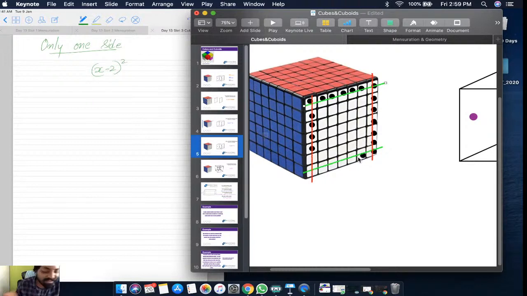But how many faces are there like this? There are 6 faces. Hence, the total number of one side painted will be 6 into x minus 2 whole square.